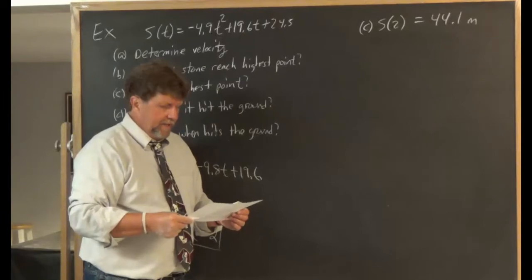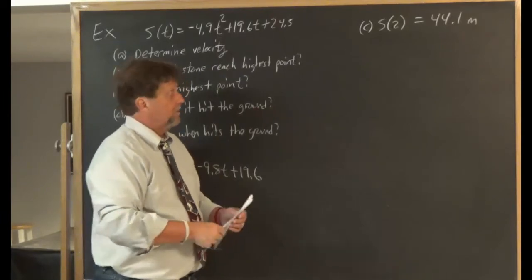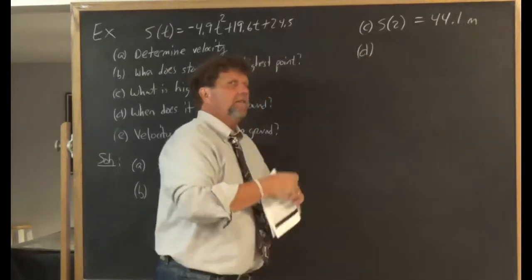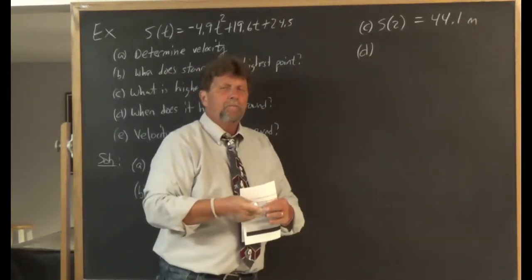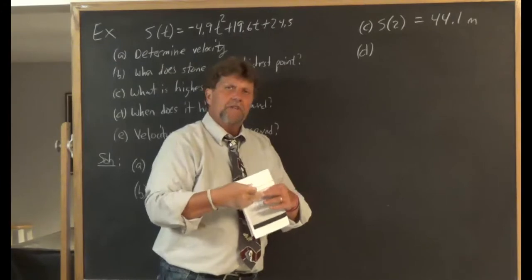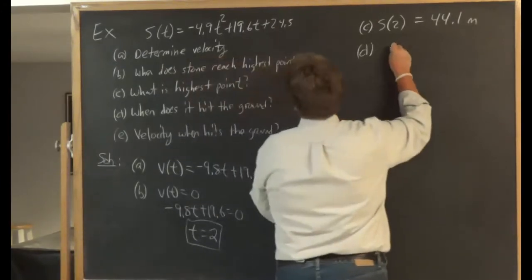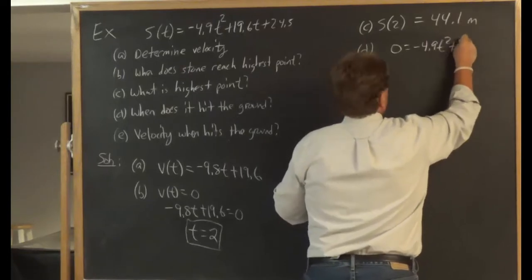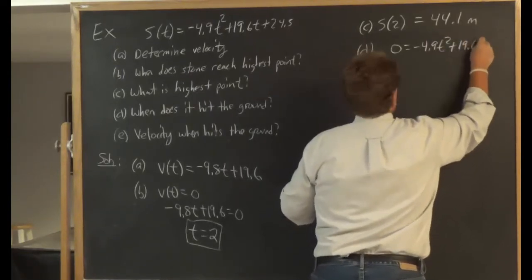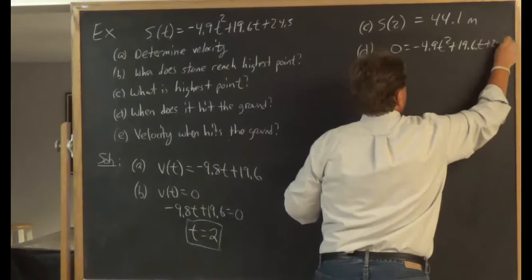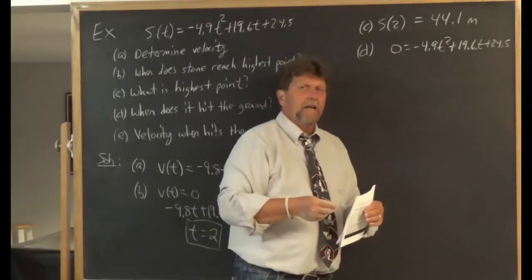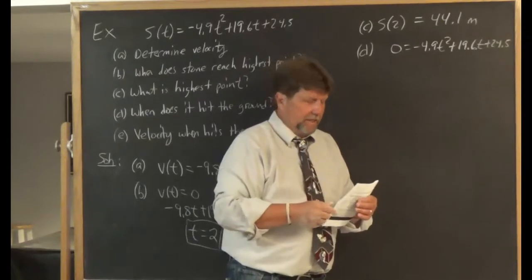Part D, when does the stone strike the ground? Well, it strikes the ground when its distance above the ground is 0. So we take the position function and set it equal to 0 and solve for t. I used the quadratic formula here because I see messy looking decimals.